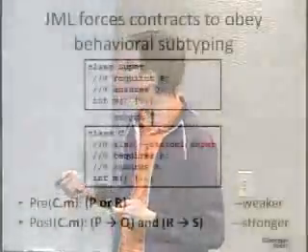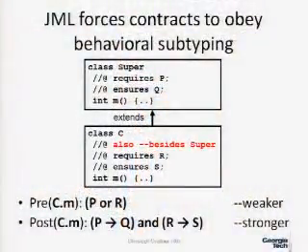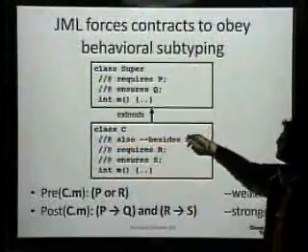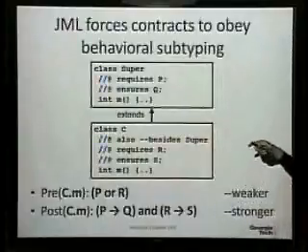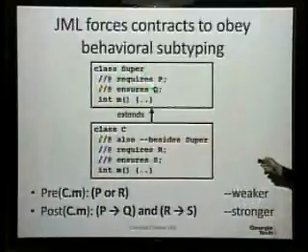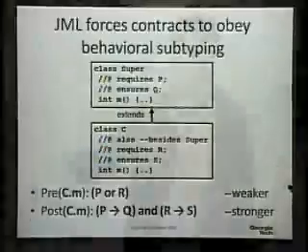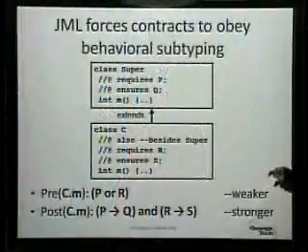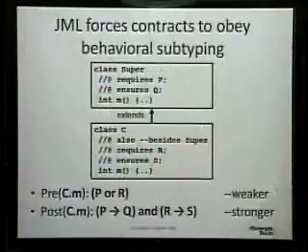Here's an example of how that might look in JML, in Java. You have some superclass here, and then a method M, and then a precondition requires some condition P, and then a postcondition Q. And then you have a redefinition of that method in C.